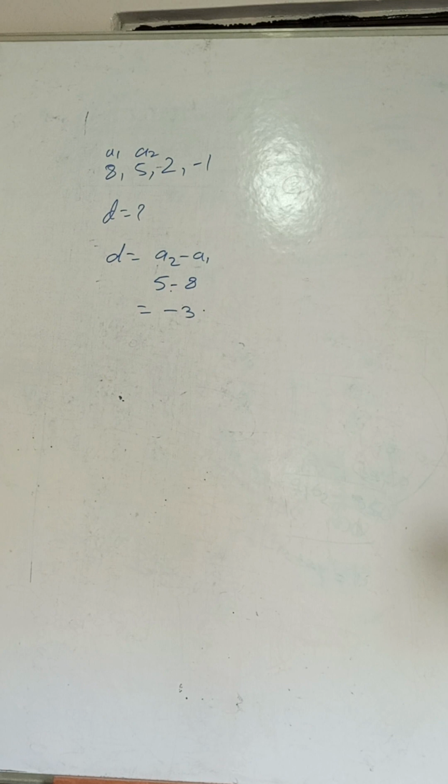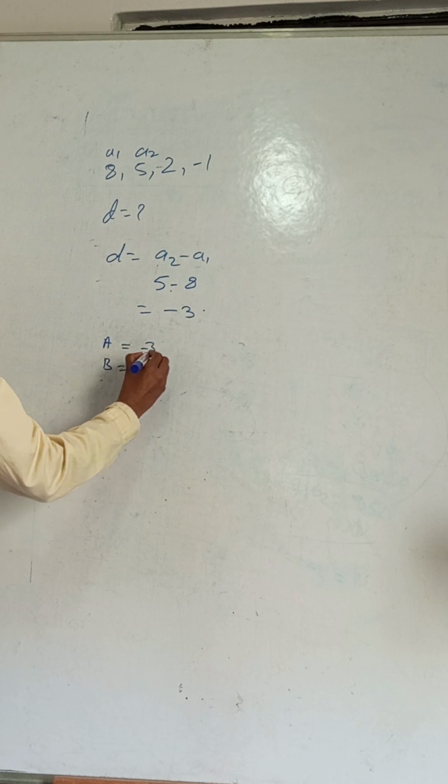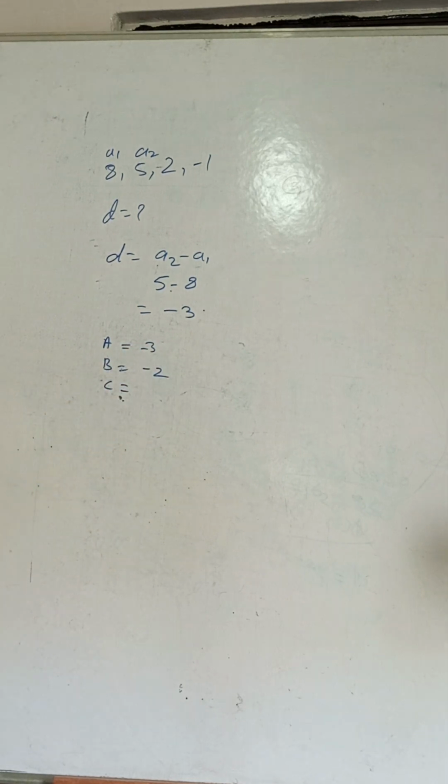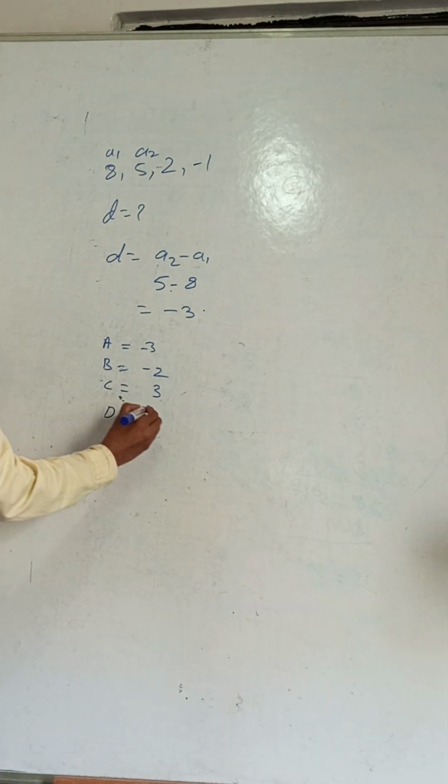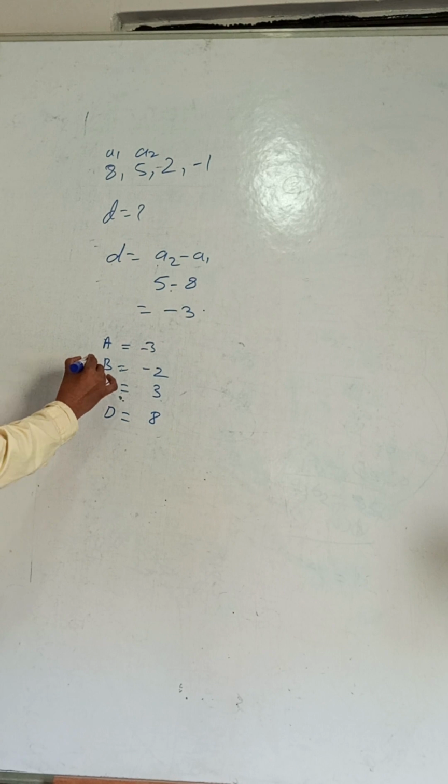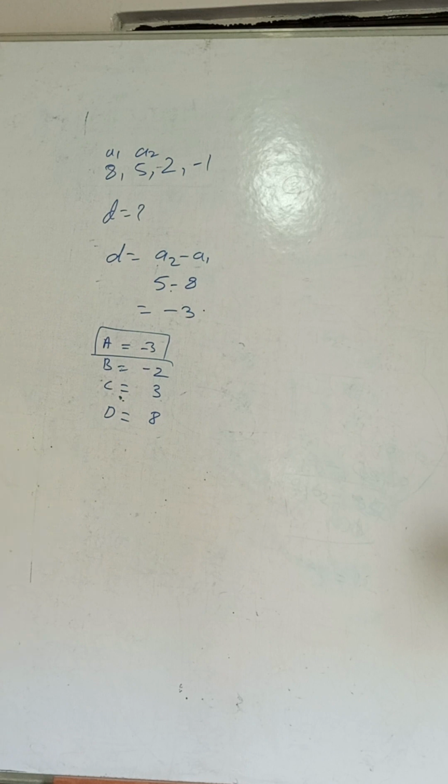The options are: option A minus 3, option B minus 2, option C 3, and option D 8. So option A, minus 3, is the correct answer.